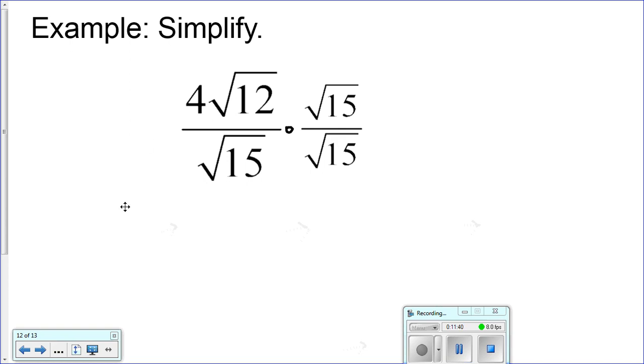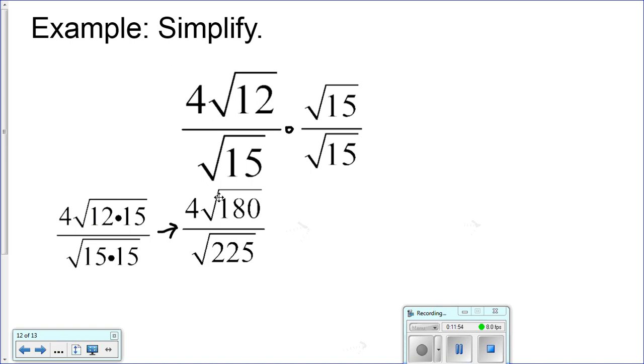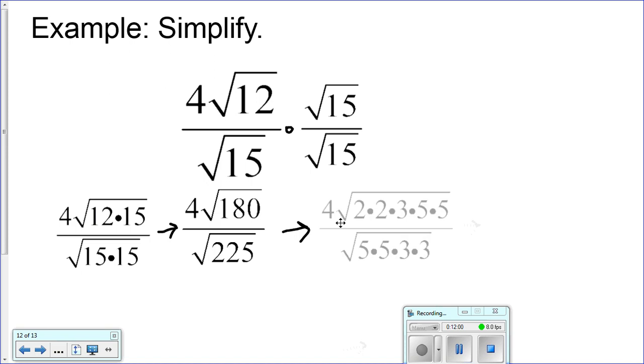Okay? So now I can go ahead and multiply these radicals together, because we already talked about how to multiply radicals. Everything under the radical gets multiplied together. So 12 times 15 and 15 times 15 will actually give us 4 square root of 180 over the square root of 225. And then we can go ahead and simplify that by doing the birthday cake.